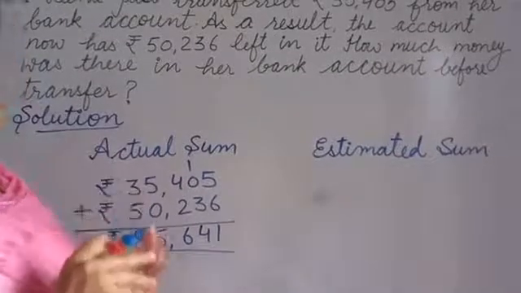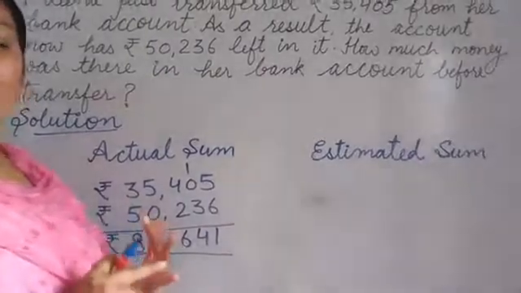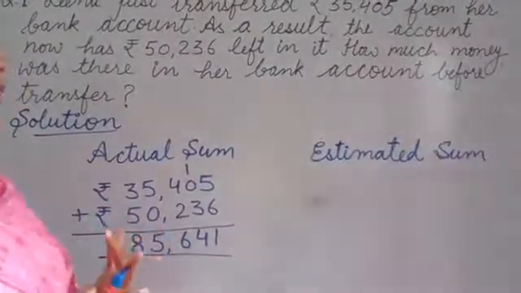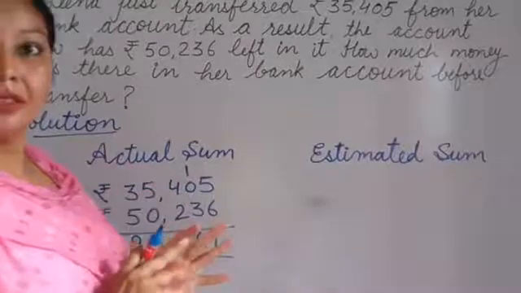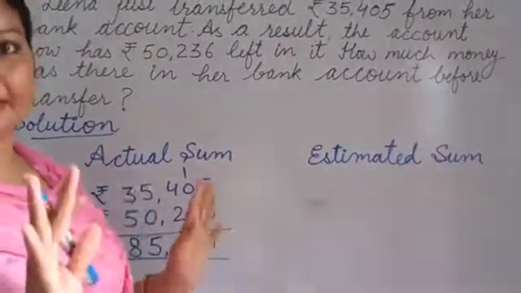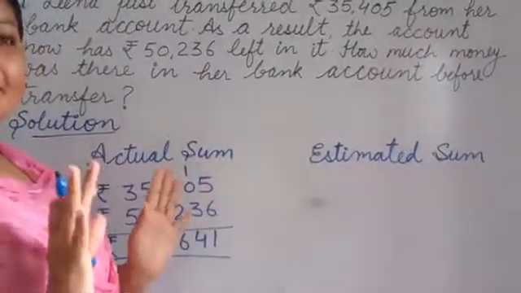There a fixed column was given, rounding of tens, rounding of 100, rounding of 1000. But here no fixed column is given. In that condition what do we do?